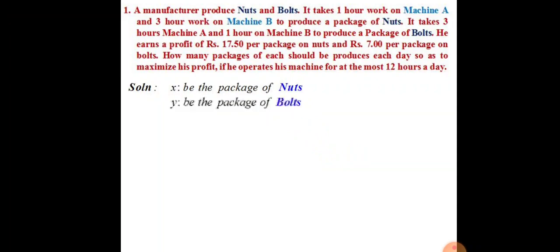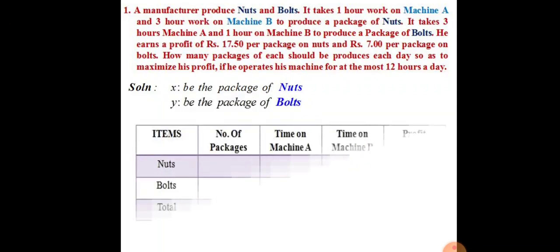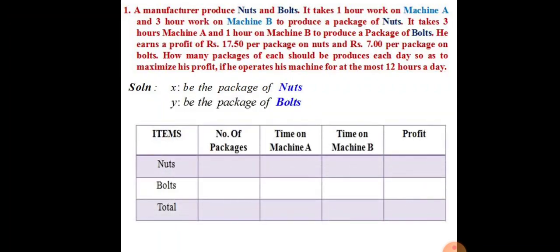Now construct a table. To create the objective function, we will use the table method for this theoretical problem. Here we have two items, nuts and bolts, and two machines, machine A and machine B. These two machines work on the basis of time. The number of packages of nuts is denoted by x and of bolts by y.